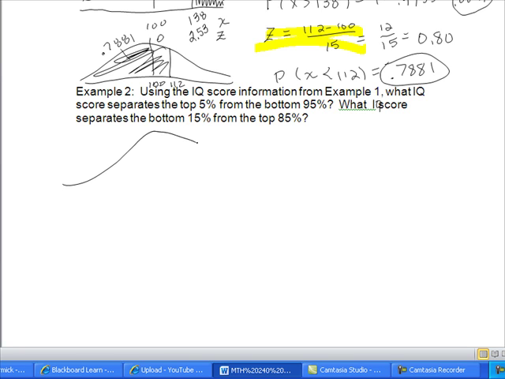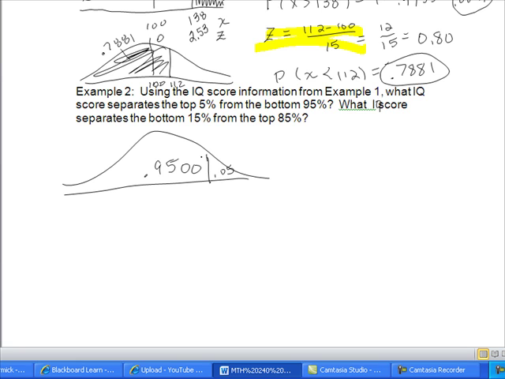So we can see it's going to be a positive z-score. We need to look up the area 0.9500 in the table. We want to get as close to that as we can, and it's between 0.9495 and 0.9505, exactly halfway. So 1.645.